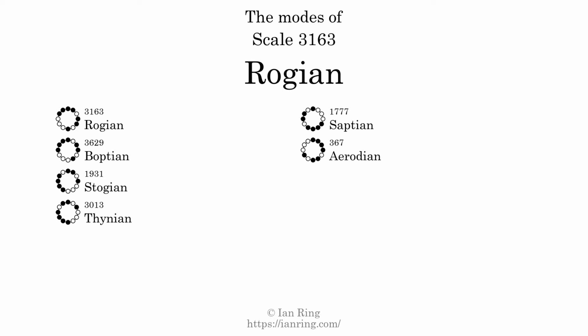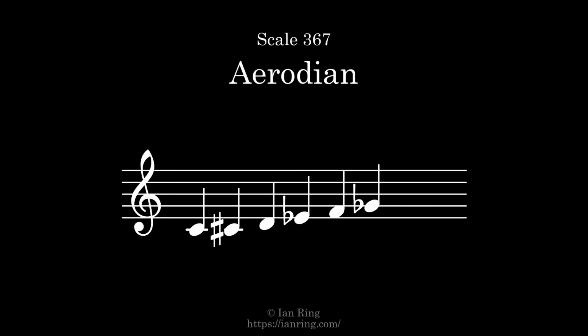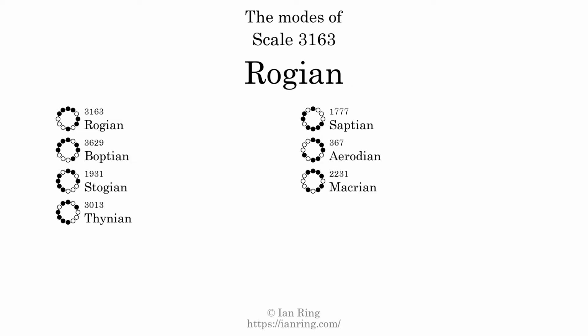The sixth mode is scale 367, also known as Rogian. It sounds like this. The seventh and last mode is scale 2231, also known as Macrian. It sounds like this.